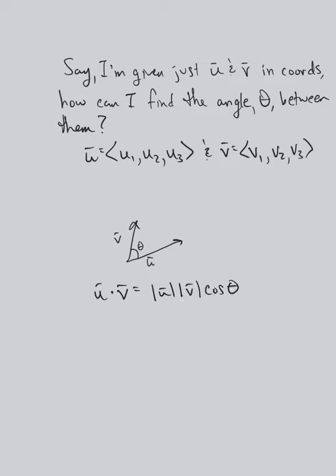So what could we do? We could solve for the cosine of theta by dividing by the lengths. So we get the cosine of theta is equal to u dot v over the product of the lengths, like that. Now, one finer point too, if I asked you how you would find the angle theta, you'd probably say to take the inverse cosine. You got to be really careful about taking inverse trig functions because of their domains and their ranges.